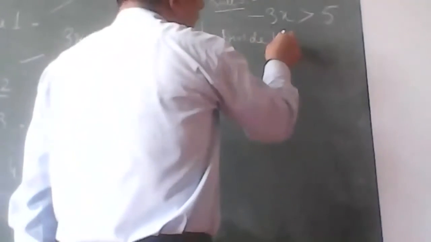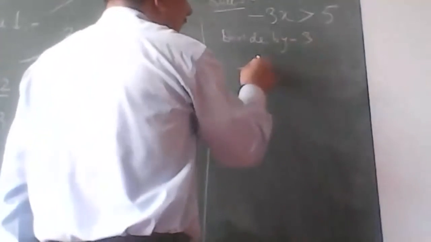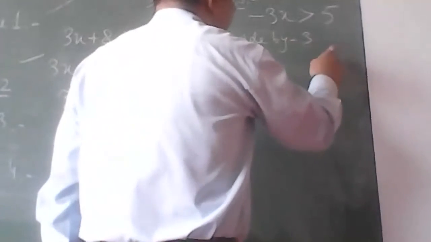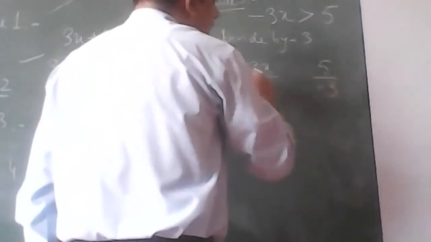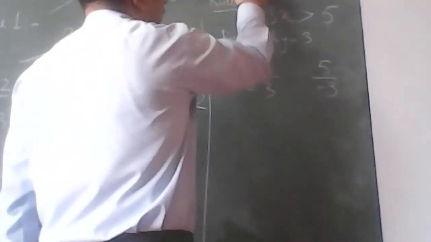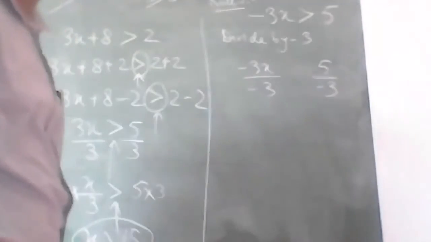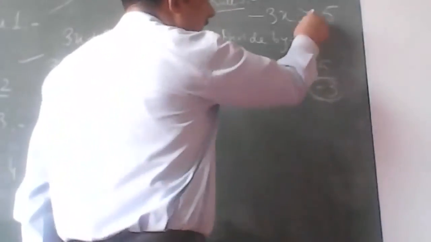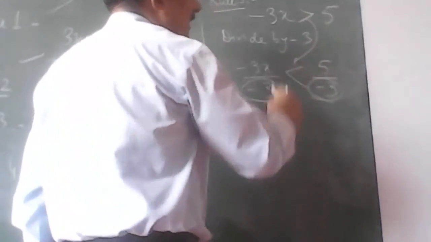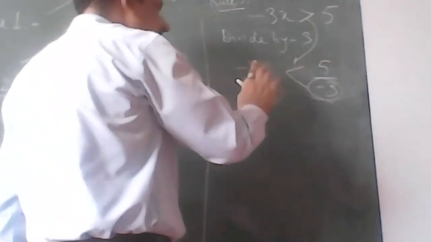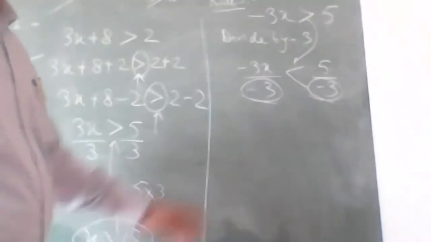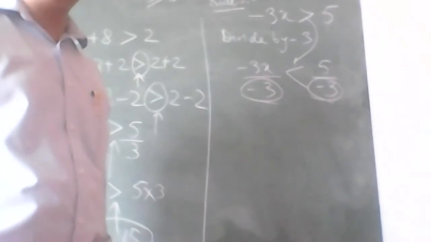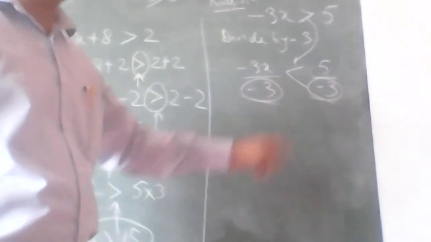And divided by minus 3. This is important. This you have to remember. When I have divided by the same number, the inequality would change. It was greater than, it becomes lesser than. So whenever we divide by a minus sign, the inequality would change.